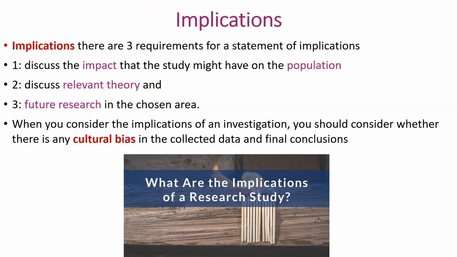And finally, if you're asked to draw implications from a study, there's three things we want to tick off. We want to talk about the impact that study, that experiment, might have on our broader population of interest, particularly if we're confident we've got good external validity. We want to bring into play the relevant theory. So if it's anything to do with, say, bright light therapy, we're just going to explain that.